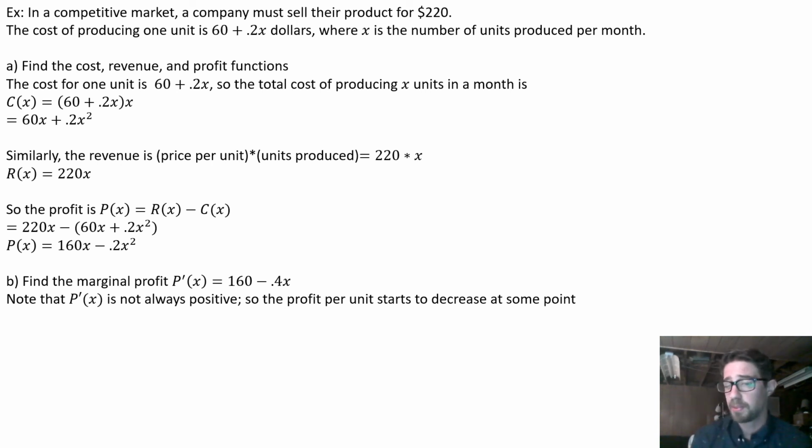If your P prime is negative, that means your function is starting to decrease, which means your profit is starting to decrease. Now it's still not negative. You can't have negative profit, but it is going down. So you want to avoid that. So you want to again find the vertex of that parabola. You want to find the maximum profit.